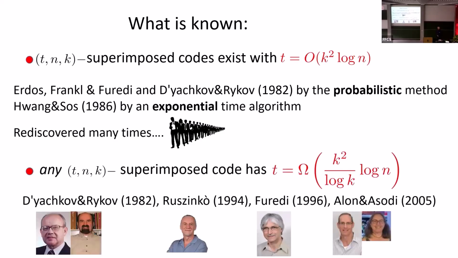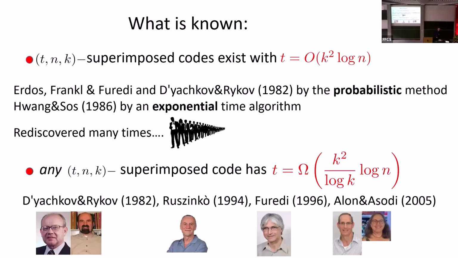Anyway, the bound is not too bad because Dyachkov and Rykov in 82 proved that there are no superimposed codes with length smaller than this quantity. So you see the upper bound and the lower bound differ by a logarithmic factor in the denominator, okay?